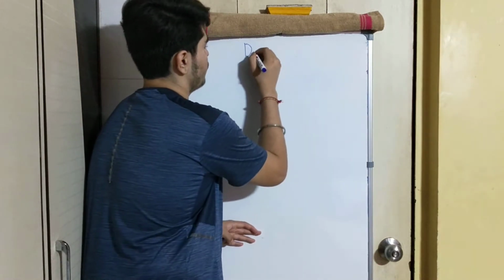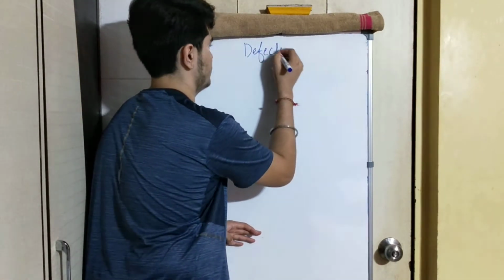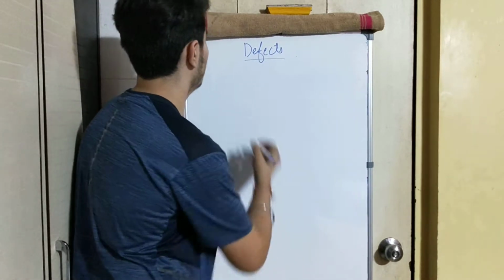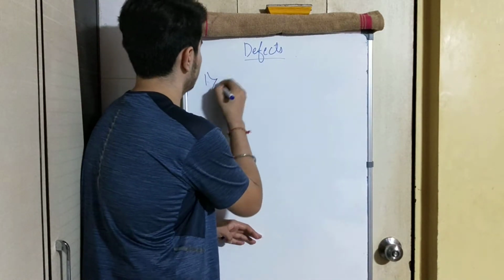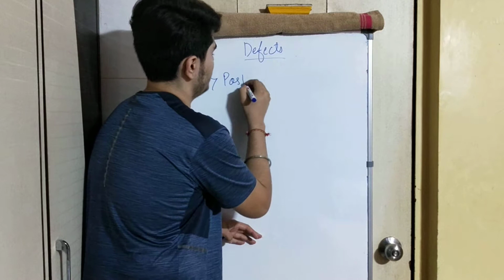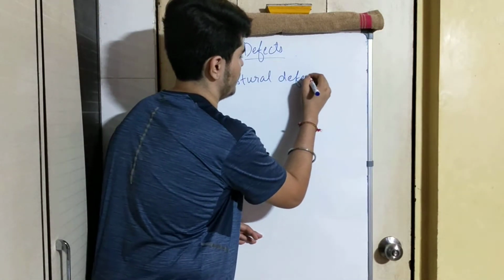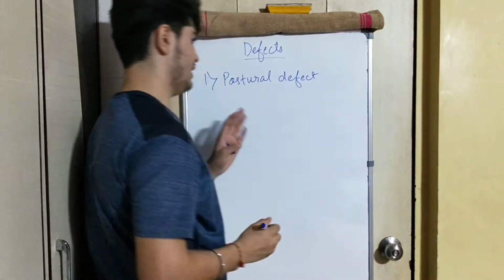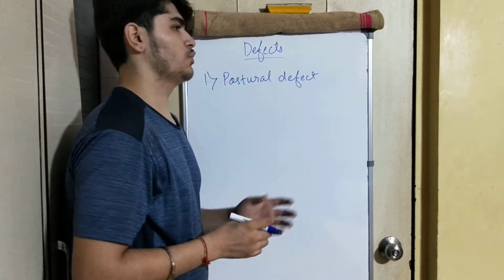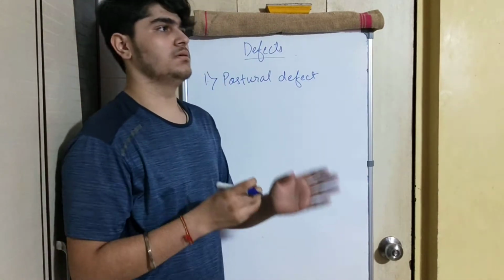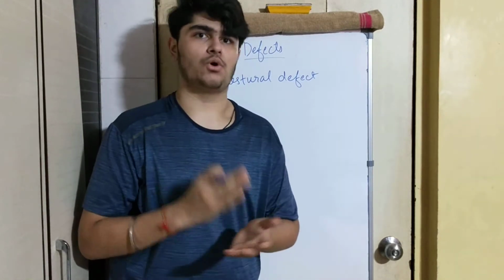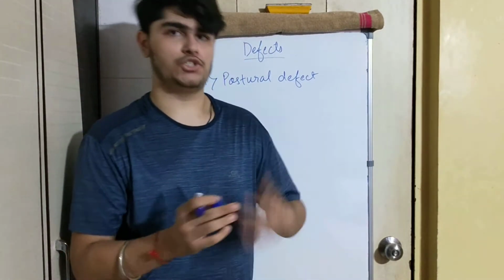Now there are different types of defects which we are going to learn now. First is postural defect. This is mainly regarding your bones and obviously your spinal cord, the backbone which you have.